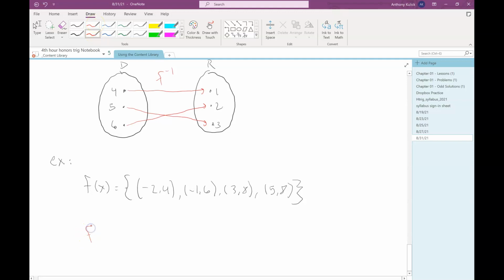So if I try to write my inverse, again, I'm going to kind of reverse the direction here.